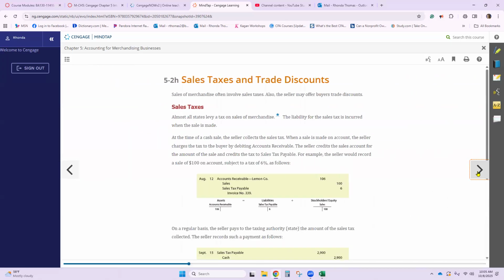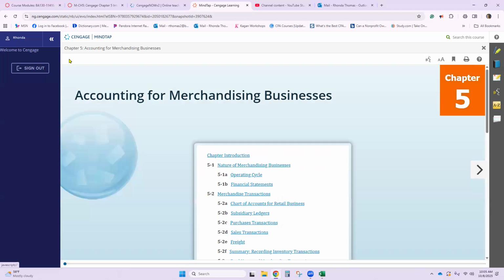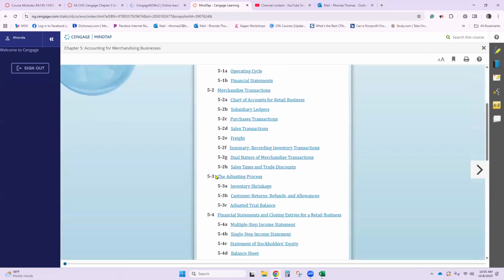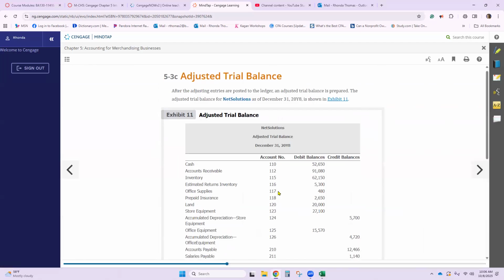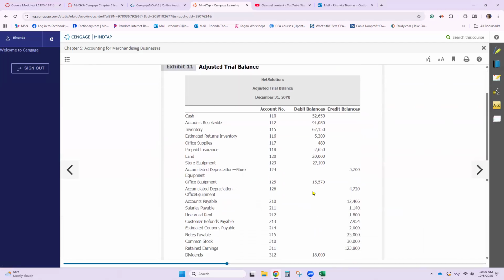The other thing we want to make sure you understand is the difference in the income statement. So I have provided an adjusted trial balance. Okay, adjusted trial balance. Remember, adjusted trial balance is step 7 in our accounting cycle.